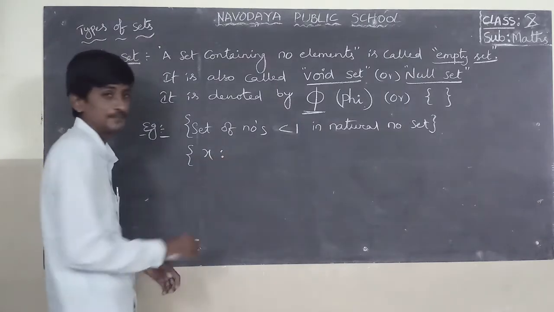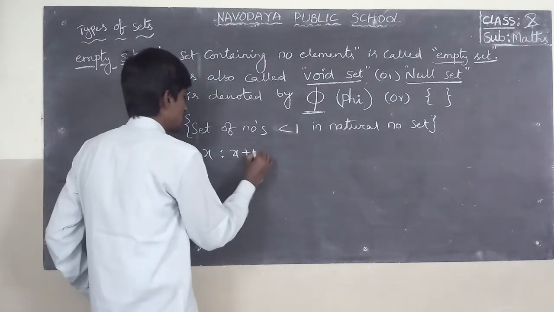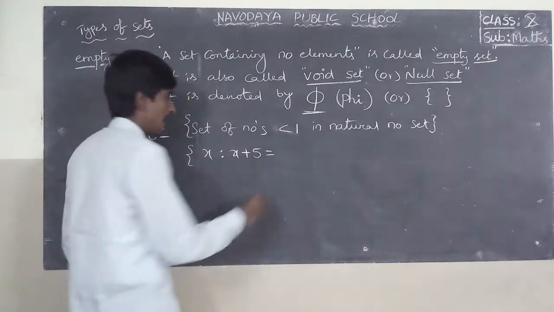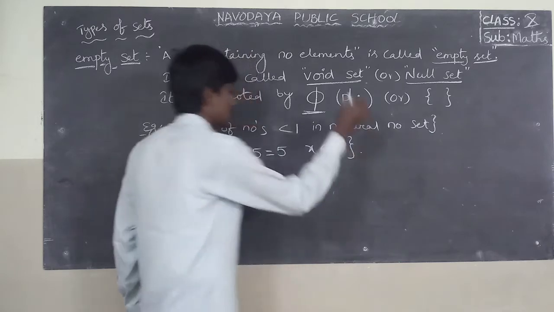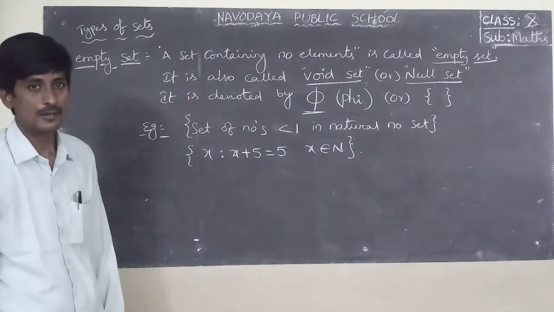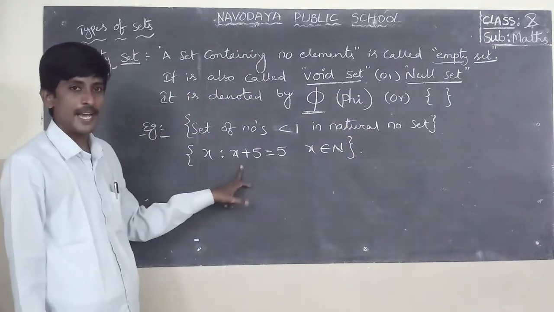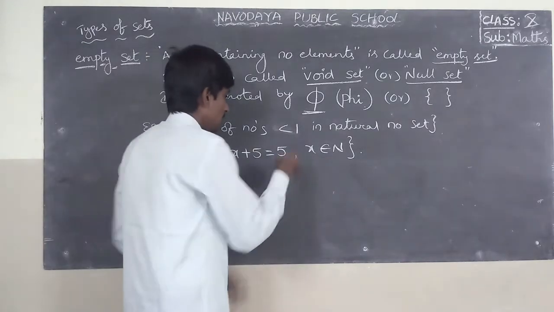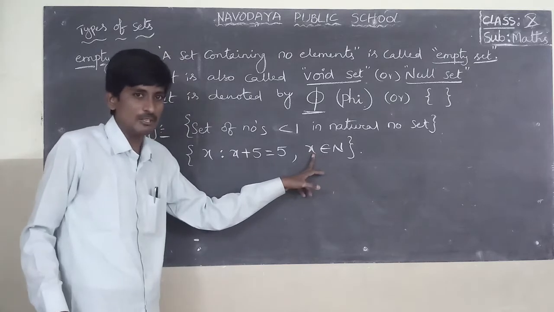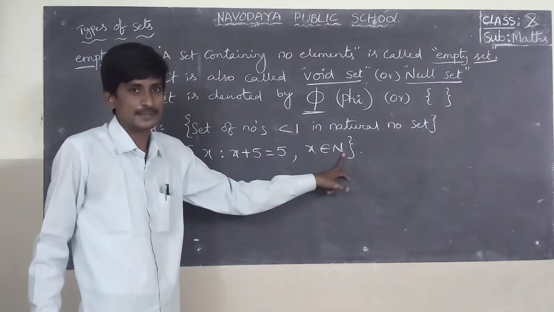X such that x plus 5 is equal to 5, x belongs to n. You take the x value as any natural number.